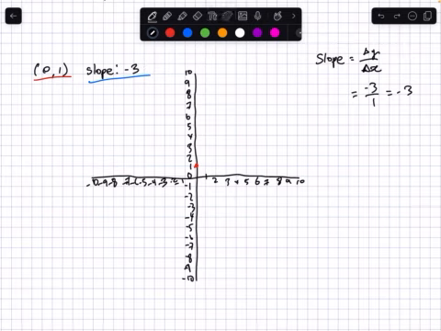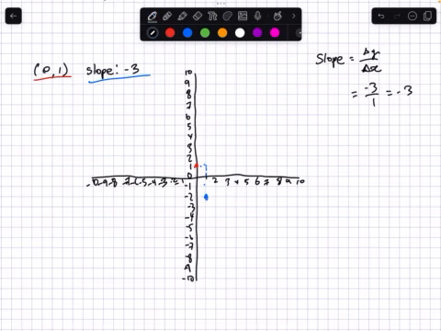So if we change x by 1, which means go right 1, we're going to go down 3 because we have a -3 on the numerator. So we go across 1 and go down 1, 2, 3, and we reach -2. So that is our next point from our slope.